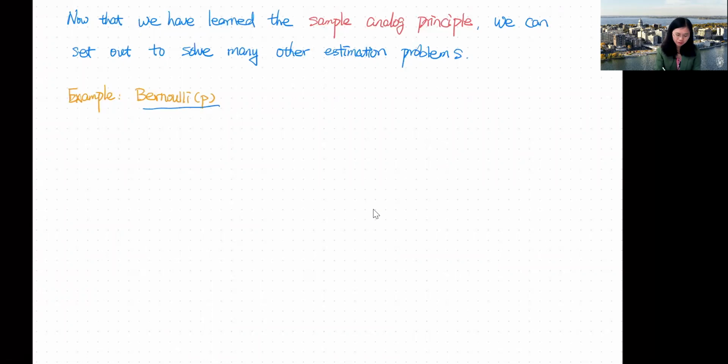Suppose that your X variable follows a Bernoulli distribution, so X is a dummy variable. It follows the Bernoulli p distribution, and you want to know what the p is. Suppose the following is the scenario. You're waiting for the bus at the bus stop, and it took a long time for the bus to arrive.